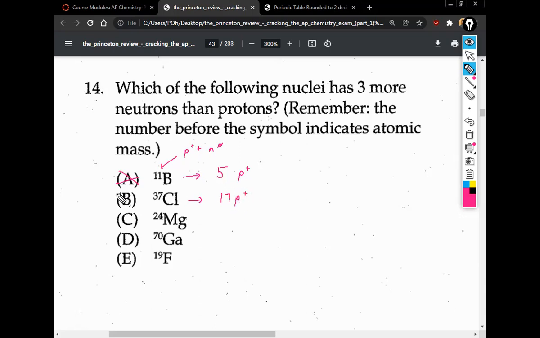And so obviously this is incorrect because how many neutrons does Cl37 have? 20. Okay, how many protons does magnesium have? Wait, isn't that the right answer, because that's more neutrons than protons? That's 3 more. Yeah, 17 plus 20. My bad, guys. You can come up here and teach the class next time. Yes, 20 neutrons. Sorry, I totally forgot the point of the problem. I was looking for 3 neutrons.